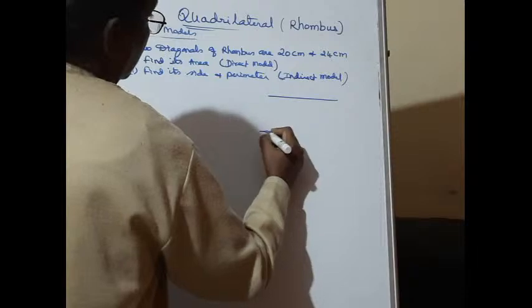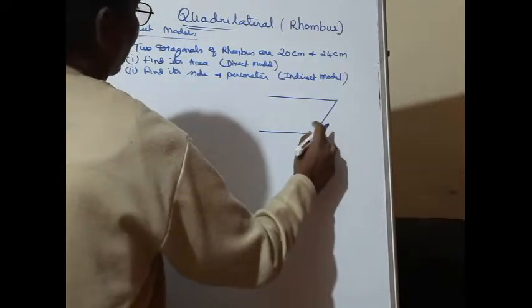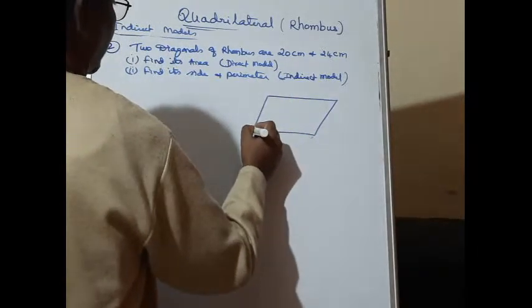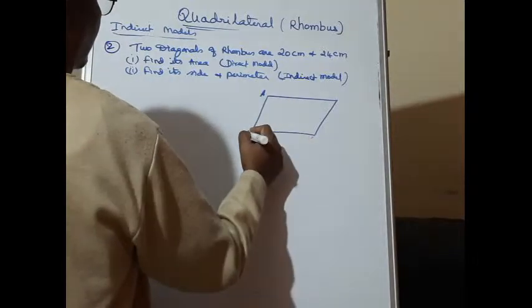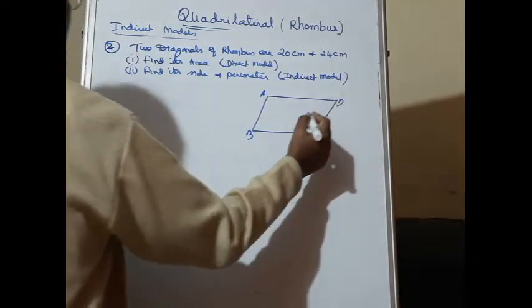Good. We name it ABCD. Draw AC and BD as diagonals.